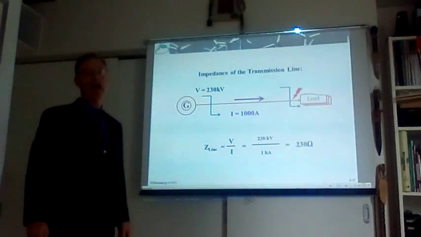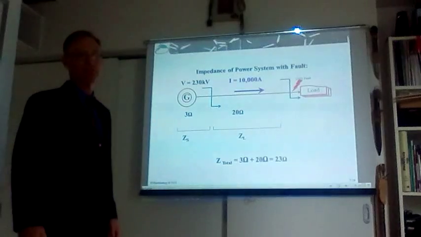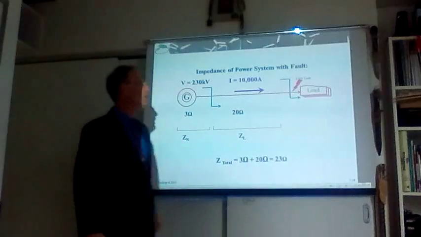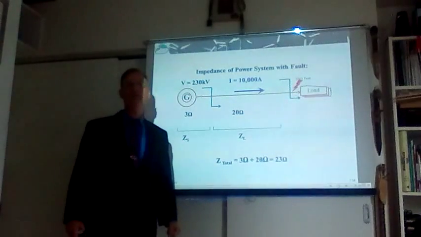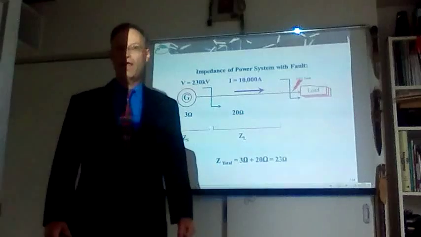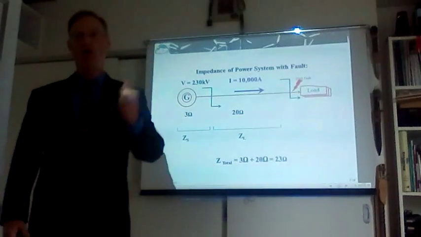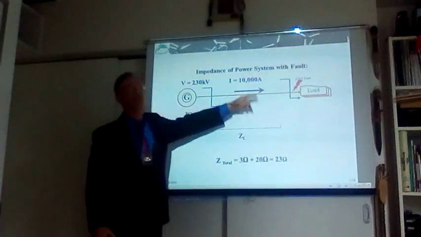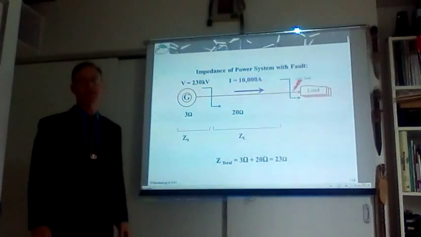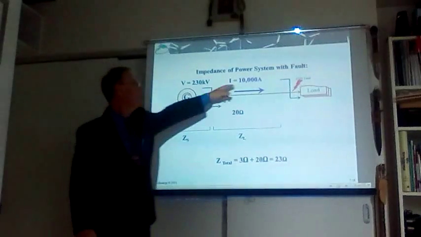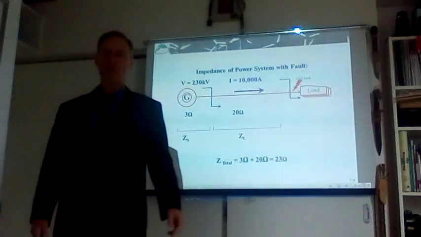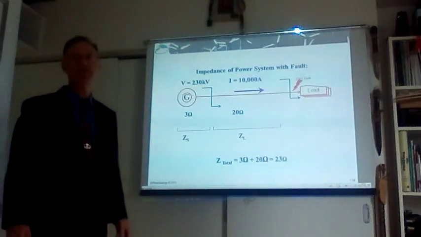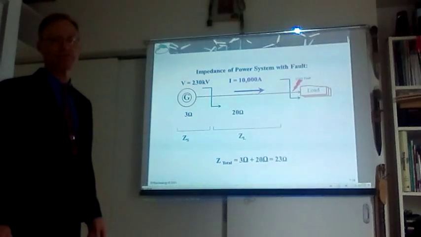On nominal conditions, we apply no measures. When we have a fault in that location, for example one of the phases touching the ground, the pole, or one of the other phases, the current will jump to a value much higher than the nominal current. That might be 10,000 amps, 10 kiloamps, as we see in that example. Current can jump 8 times, 10 times, 20 times its nominal current.